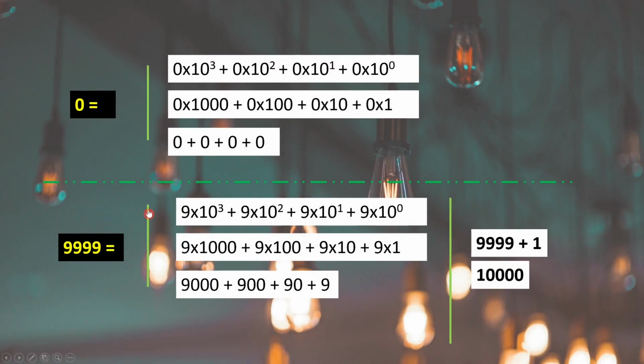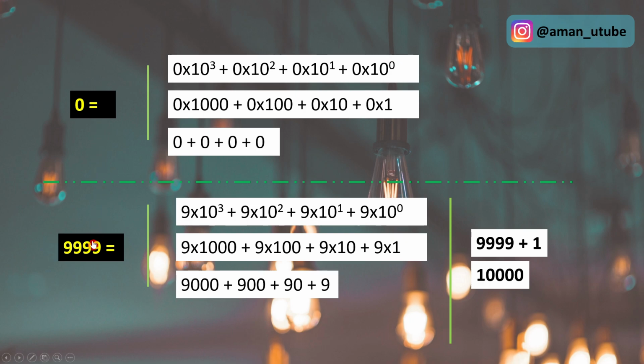You can get the answer by multiplying by the weight of the value. If I multiply 0 with 10 raised to power 0, that is equal to 0, 0 with 10 raised to power 1, that is equal to 0, plus 0 with 10 raised to power 2, that is equal to 0, plus 0 with 10 raised to power 3, that is equal to 0. Finally, we got the answer 0.